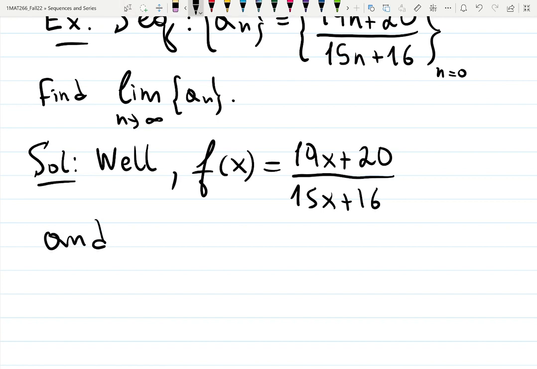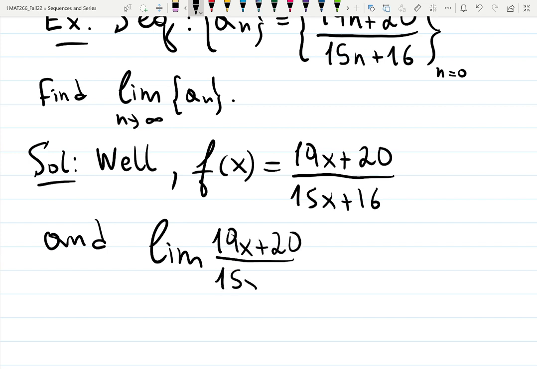The limit of this function, 19x plus 20 over 15x plus 16, as x goes to infinity is known from Calculus 1. What is the limit? 19 over 15. Do you remember that? Find the leader of the top, 19x.